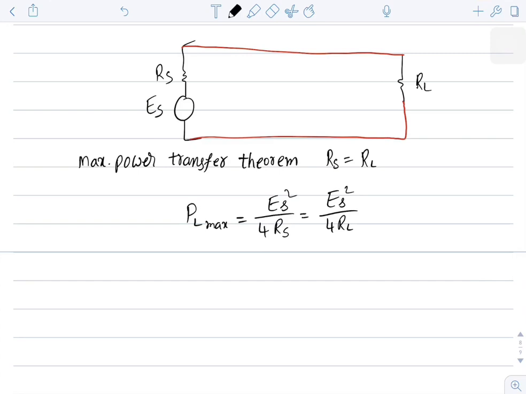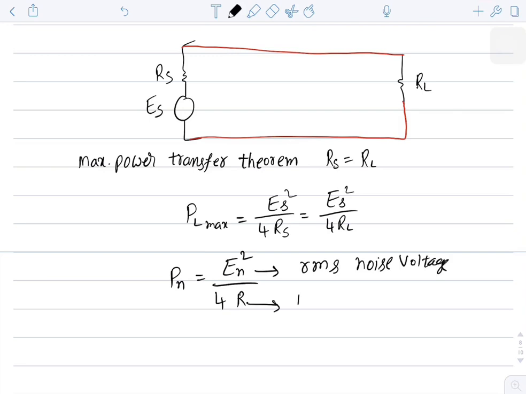If you apply the same rule for your conductor, the noise power which is generated in the conductor is equal to En square by 4R, where En is the RMS noise voltage and R is the resistance offered by the conductor.